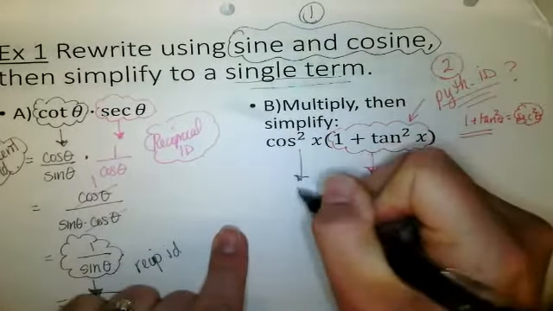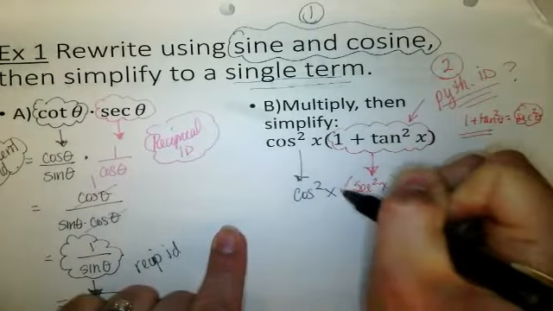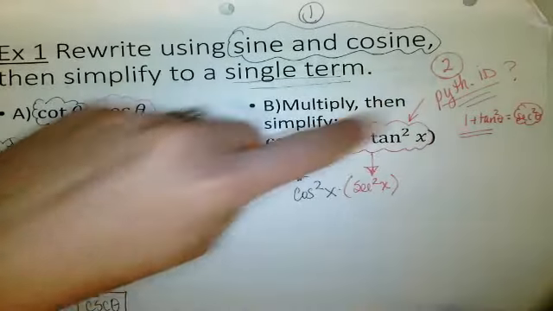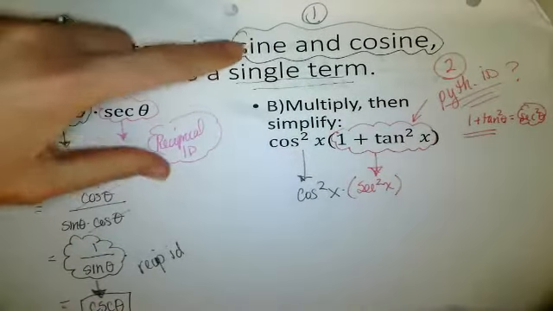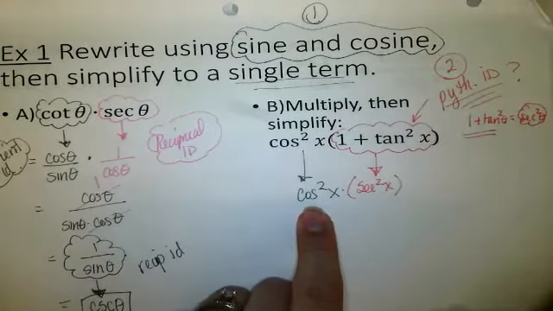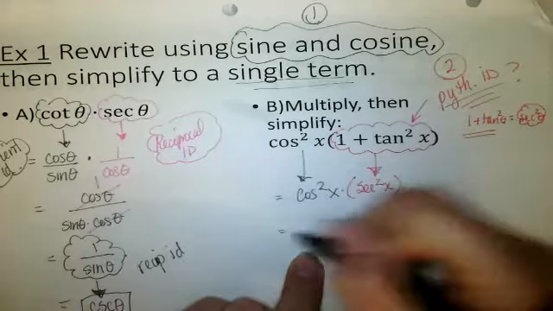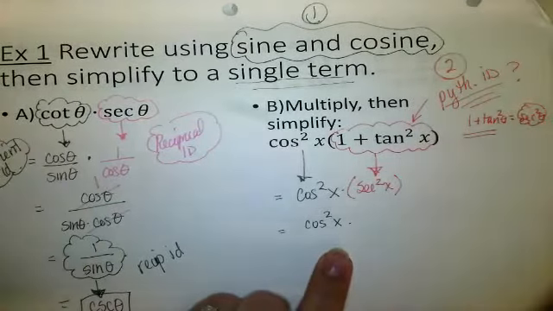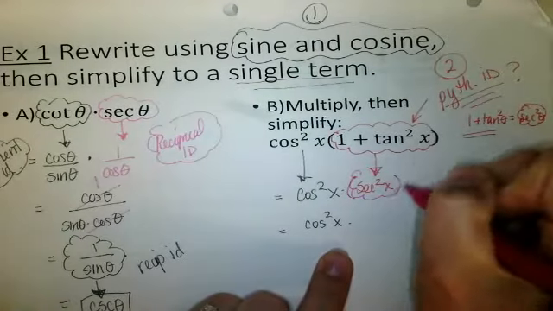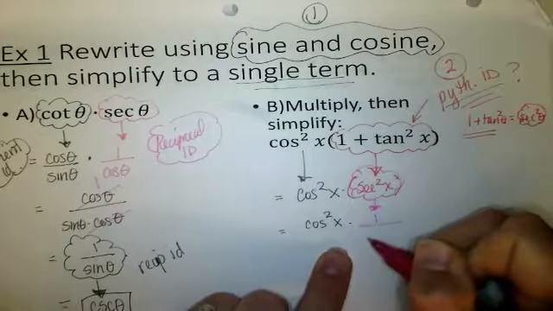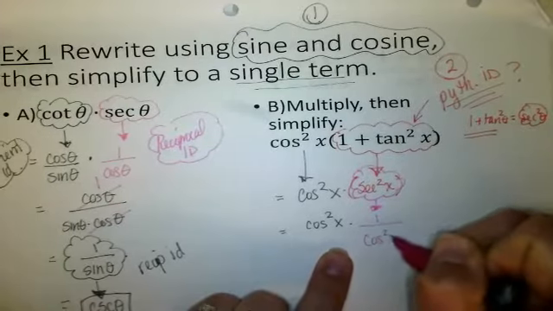I'm going to bring down my cosine squared of x. These two things are being multiplied. So we used our Pythagorean identity first this time, and now I'm going to go and rewrite in terms of sine and cosine. Do I need to do anything with cosine squared of x? No, it's already in cosine form, so that one's good. But what should I replace secant squared with? 1 over cosine squared of x.